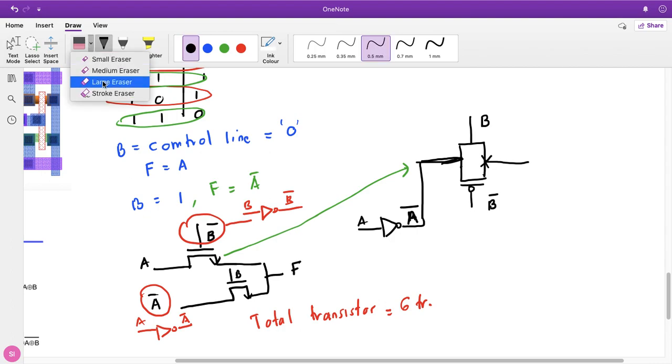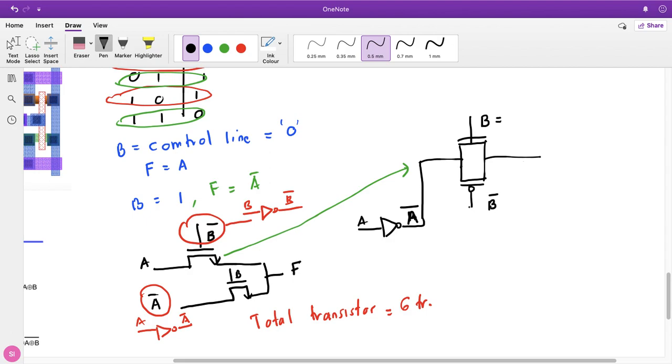So let me wipe it a bit to avoid confusion. Okay. How about this part? For the bottom line, for the top line. So now, when the input is A bar and B is 1, B is turned on, and A bar is permitted at the output.